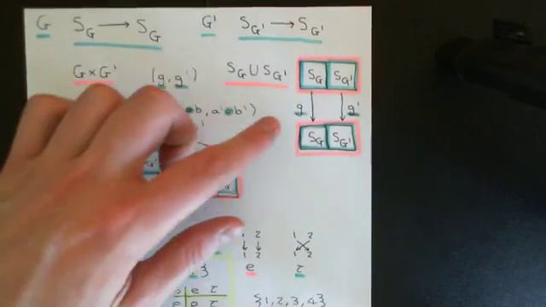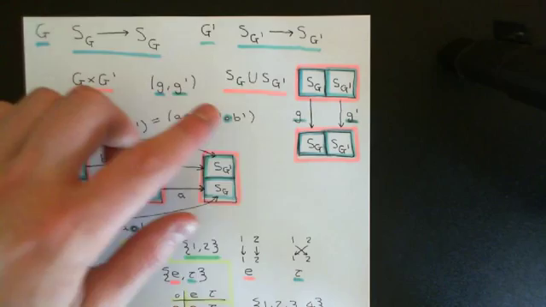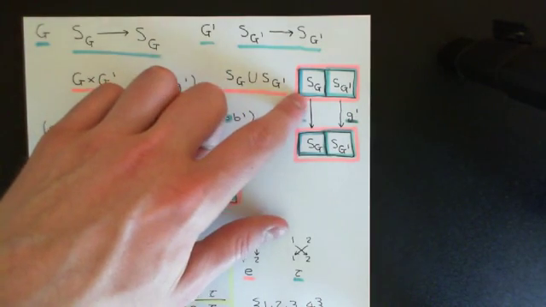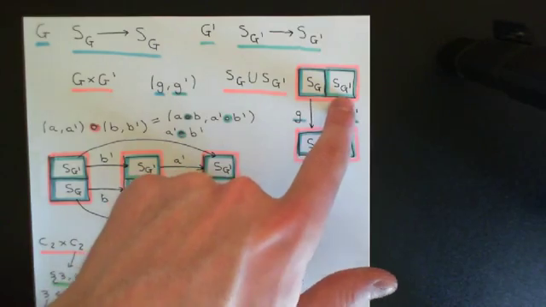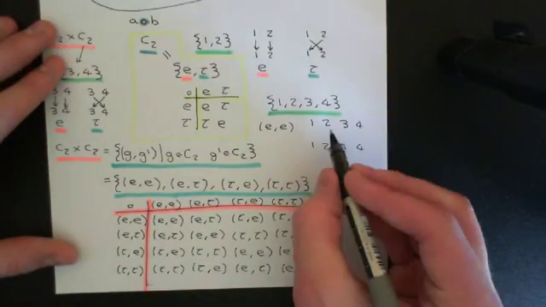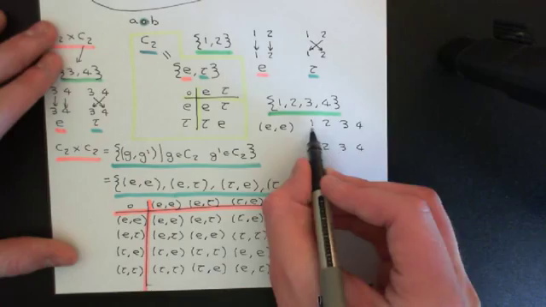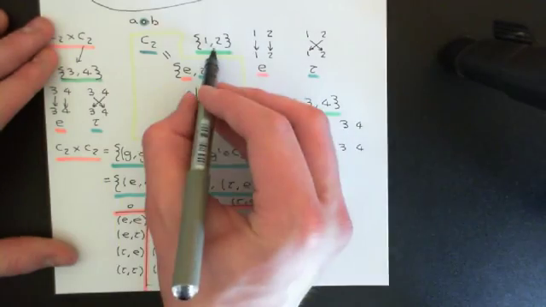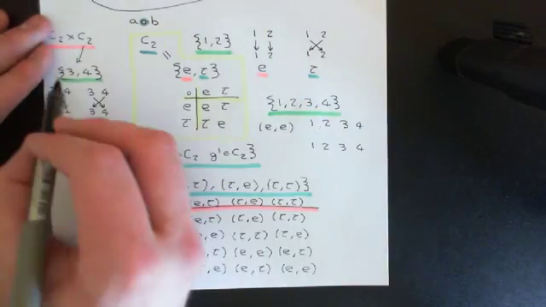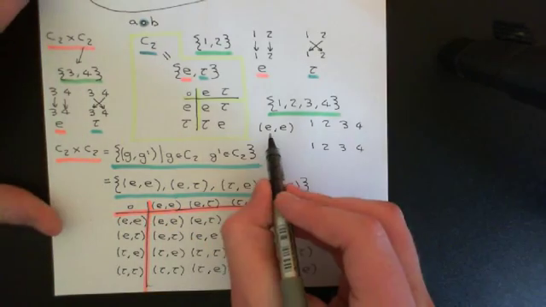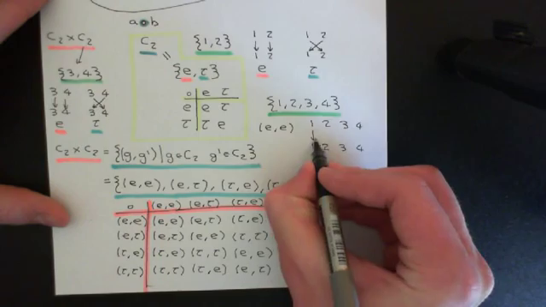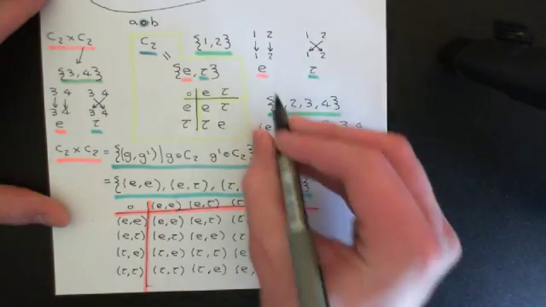So you remember when we were going through the interpretation, the first entry tells you about how to permute this subset, SG, and the second entry tells you how to permute this subset, SG prime. Here, the subset SG is the subset 1 and 2, and the subset 3, 4 is the subset SG prime, effectively. Okay, so the first entry is going to tell us that 1 needs to go onto 1 and 2 needs to go onto 2.